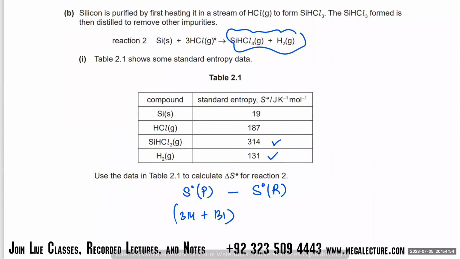So that's my product minus my reactant, which is silicon, that's 19, and the other one is HCl. There are 3 HCl, so it's going to be 3 times 187. So what do we get for this? What's my delta S over here?